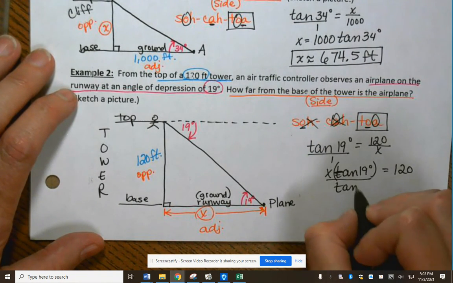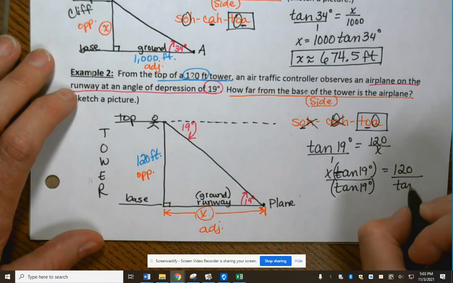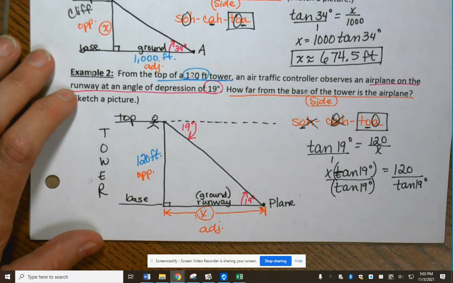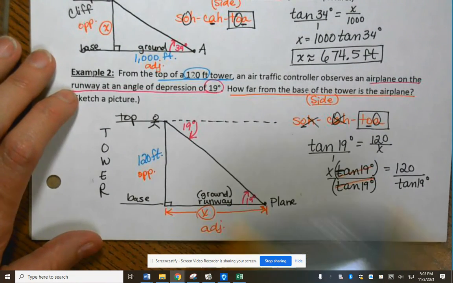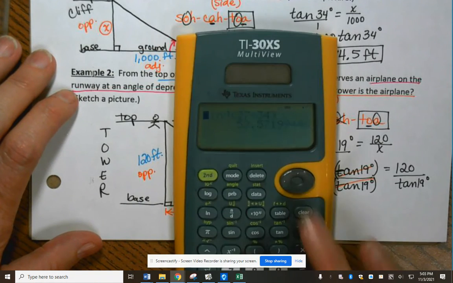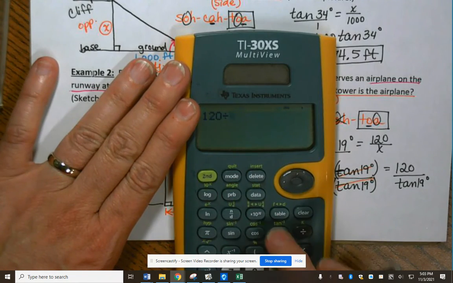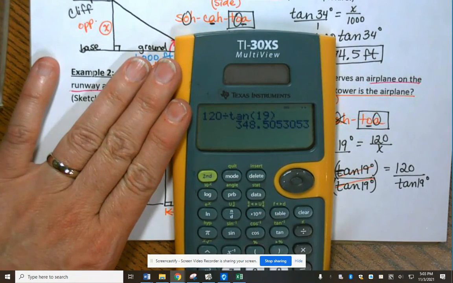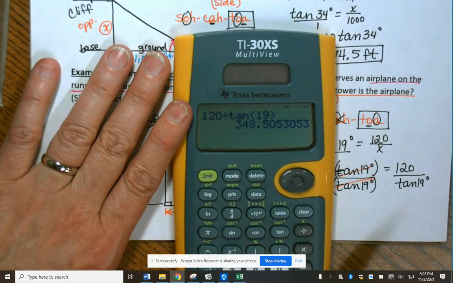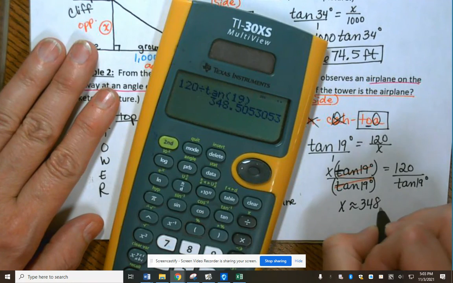So you're going to divide by the tangent of 19 degrees. And you can put in 120 divided by the tangent of 19 degrees like this. And you're going to get about 348.5 feet.